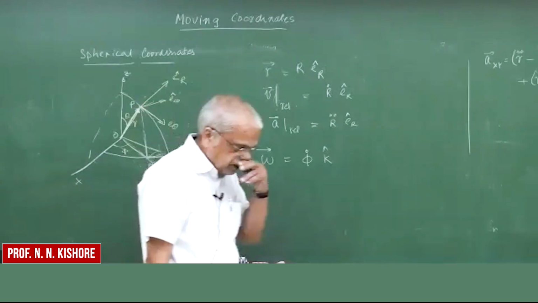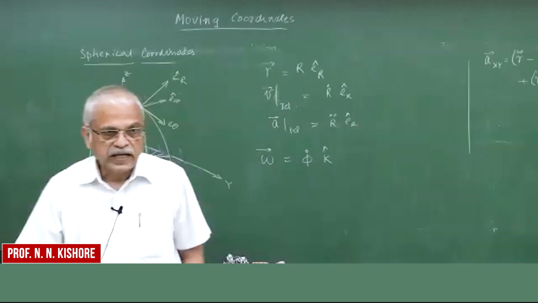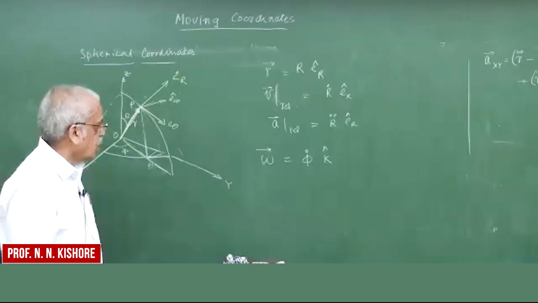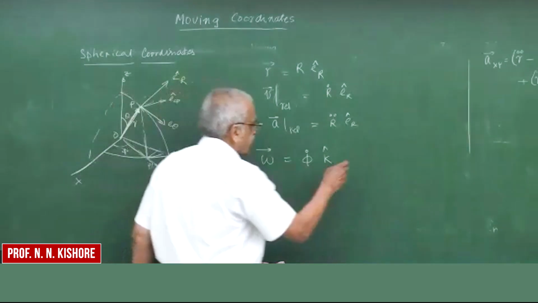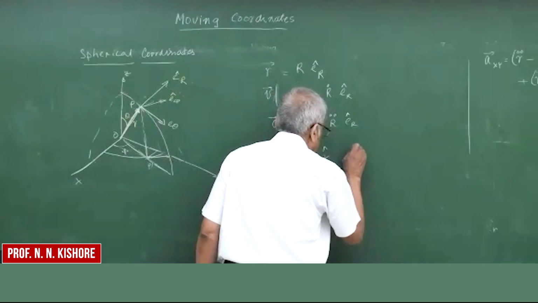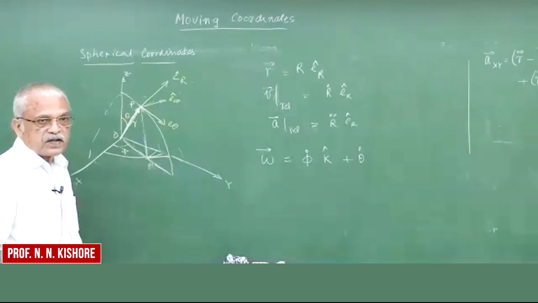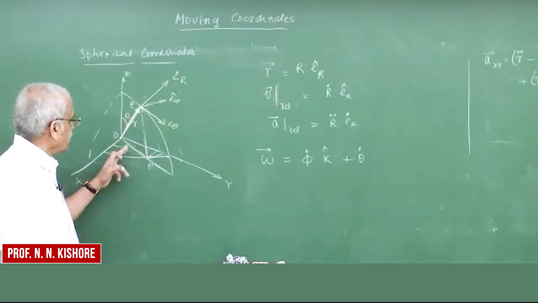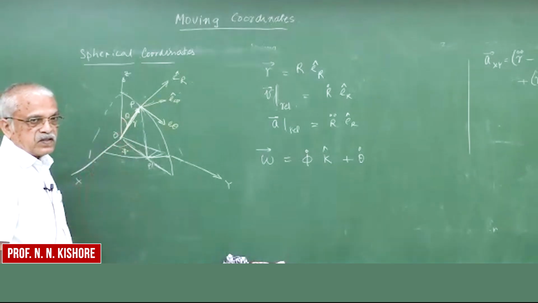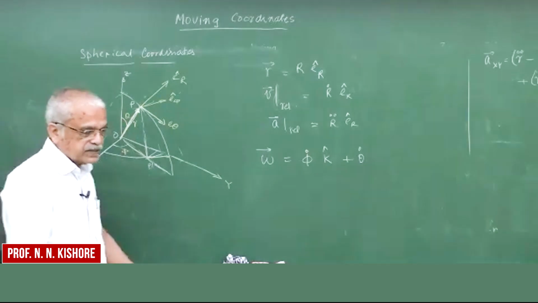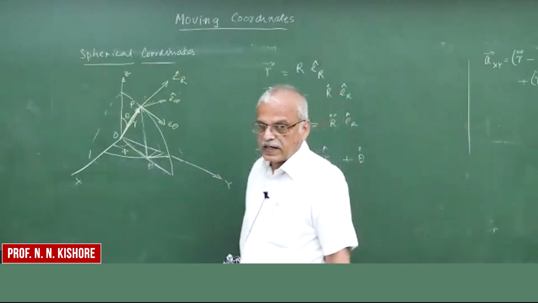And we also said that these angular velocities are vectors. You can definitely do any vector addition. So this angular velocity is only one component. There is also another component here, theta dot. So theta dot is the component of angular velocity, keeping phi fixed. Okay, if you are changing theta by theta dot, what is its vectorial direction?